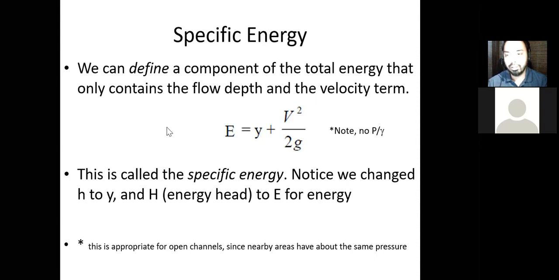Another way to express it is using the flow rate. This is using the velocity, but for some applications we are more concerned with the flow rate.